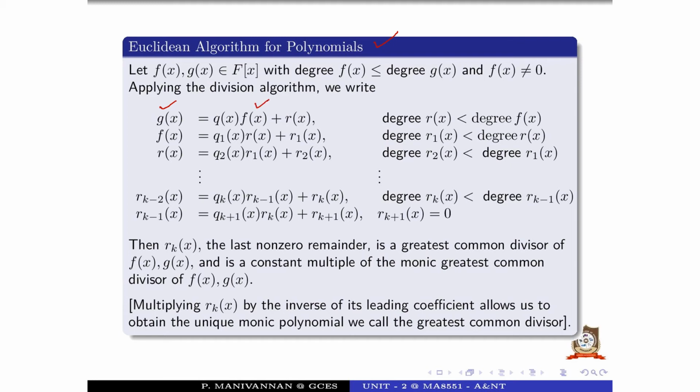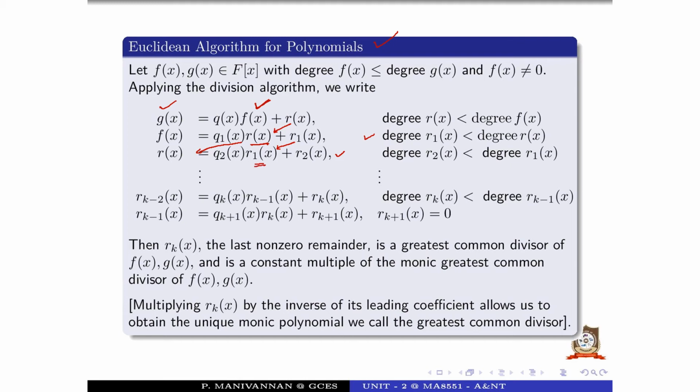Then we rewrite f of x as r of x into q1 of x plus some remainder r1 of x. Here degree of r1 of x is less than degree of r of x. Then we write r of x as r1 of x into q2 of x plus r2 of x. Here degree of r2 of x is less than degree of r1 of x.